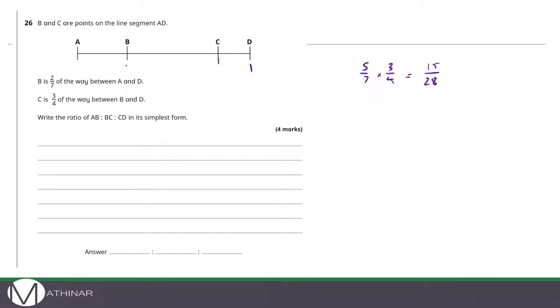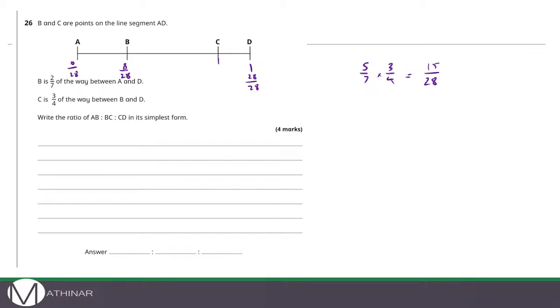So 2/7 is 8 out of 28. And D is the end, so this will be 28 out of 28. This will be 0 out of 28. And this, yeah. So this is 15 out of 28 from there.